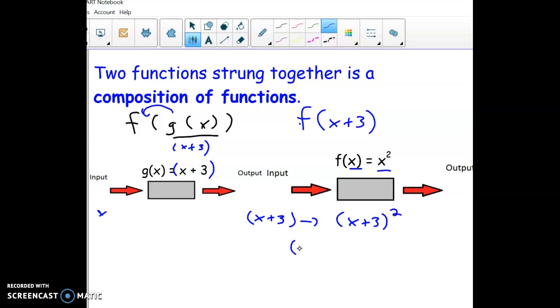All right, and so this would become a FOIL question, x plus 3 times x plus 3. And then we would FOIL that out to be x squared plus 3x plus 3x plus 9. Multiply all the parts, and so you'd have x squared plus 6x plus 9.